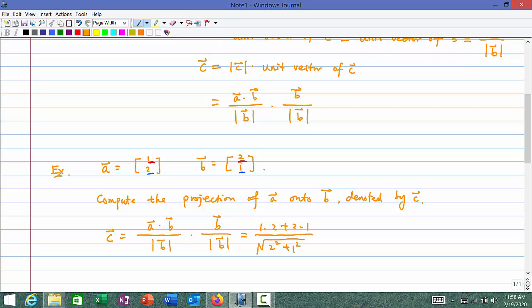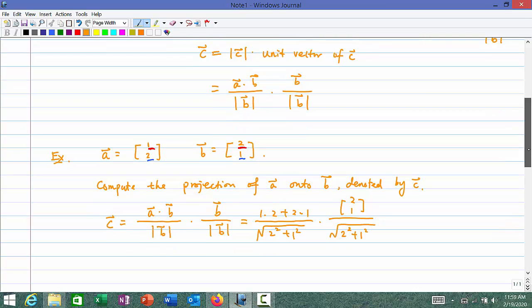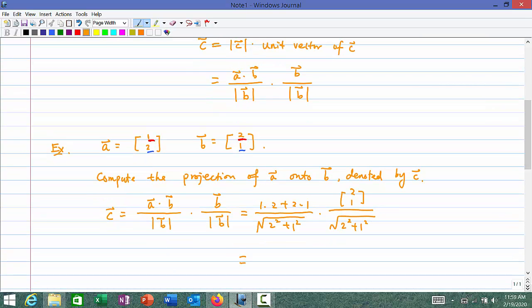For each entry you take the square, compute the sum, and take the square root. B is (2, 1), so you repeat the same thing. So 1 times 2 plus 2 times 1 gives us 4.